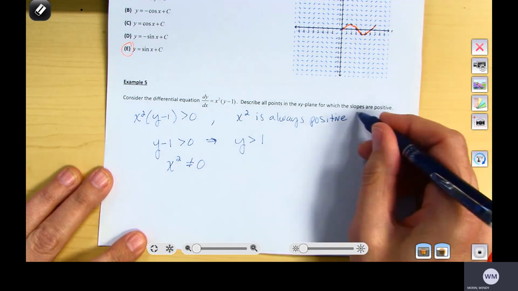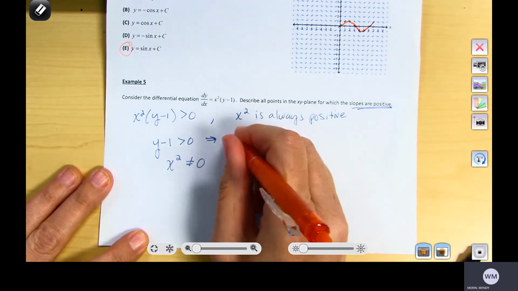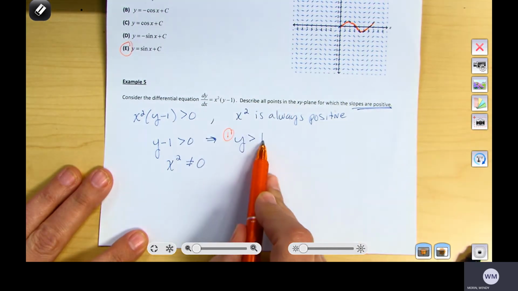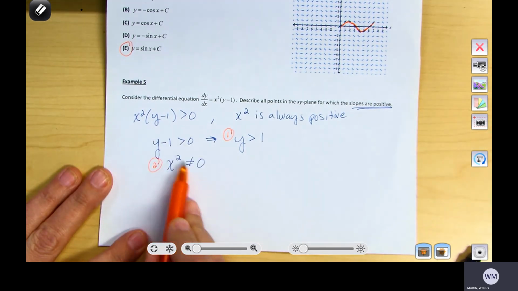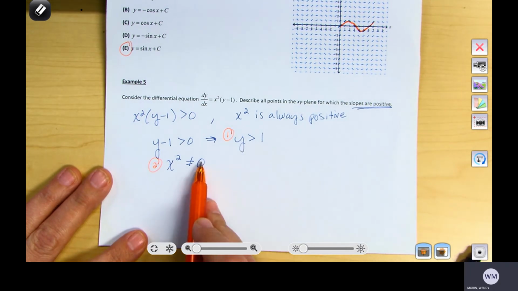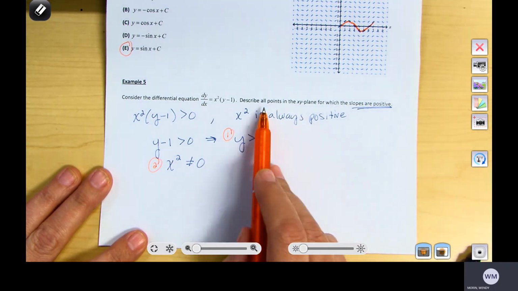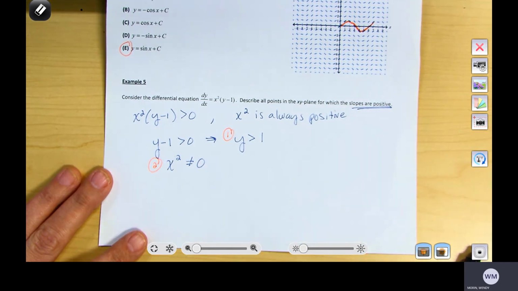And again, we want all of our slopes to be positive. So this is the first thing that must be true: y must be greater than 1, not equal to, because that would cause it to be 0. And the second thing that must be true is x squared cannot equal 0. So if those conditions were satisfied, you would be giving me a slope field where all the slopes are positive.